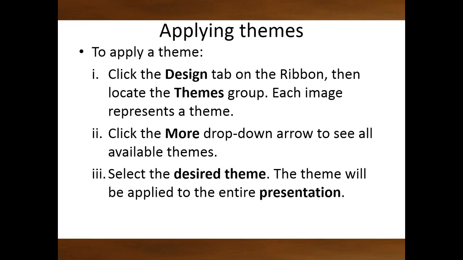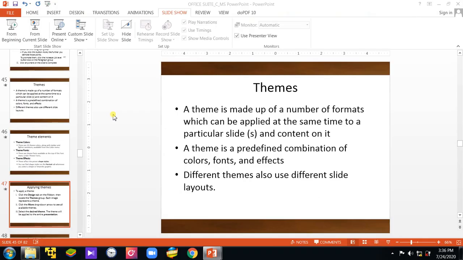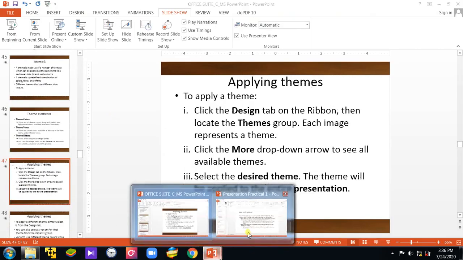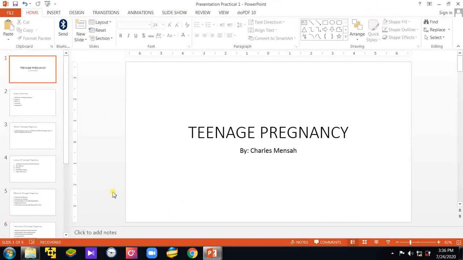Select the desired theme. And once you select it, the theme will be applied to all the slides within the presentation. Let us have a demonstration of this. Alright, so we have our presentation here.